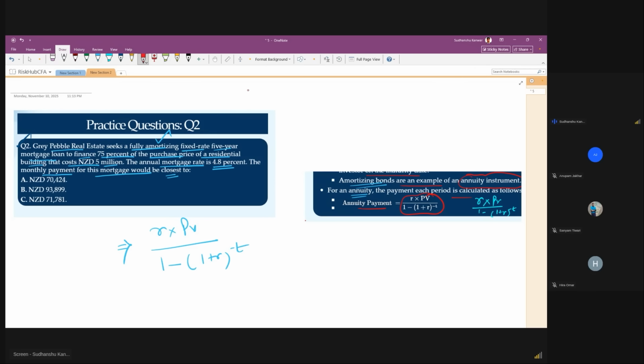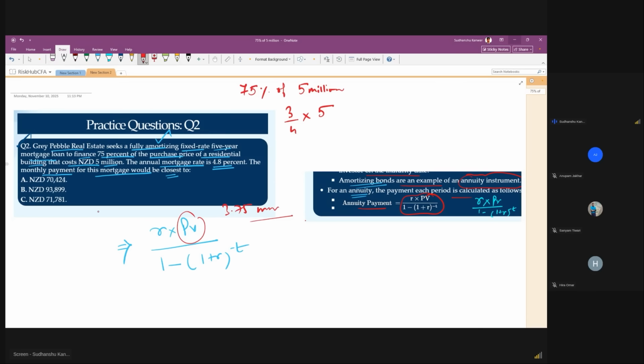So basically, the loan which they are taking is 75% of your 5 million, right? 75% of 5 million is what? It's 3 by 4 of 5 million. 3 by 4 of 5 million will be what amount? 3.75, right? 3.75 million. Yeah, 3.75 is the PV we are getting, right? So that part we are clear, okay, fine. So PV we have found out, it is 3.75 million.